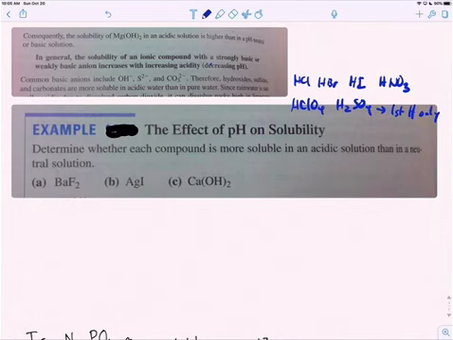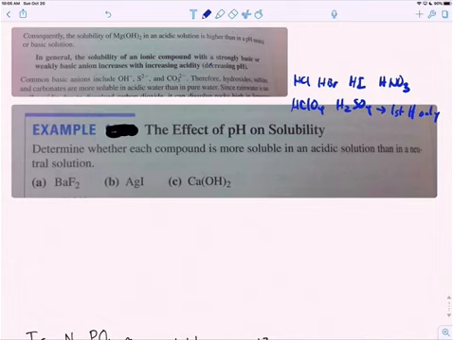So hopefully you've memorized all those and understand what it means. Which means that chloride, bromide, iodide, nitrate, and perchlorate do not react with water at all. So there's no reaction whatsoever with water with those anions.